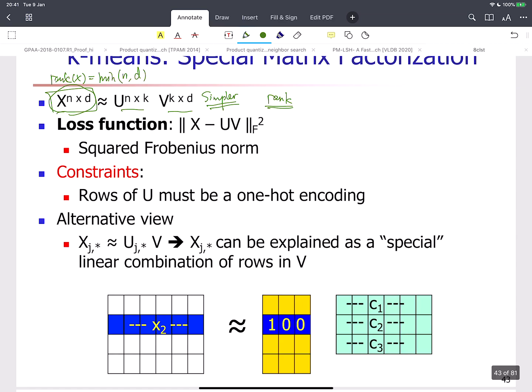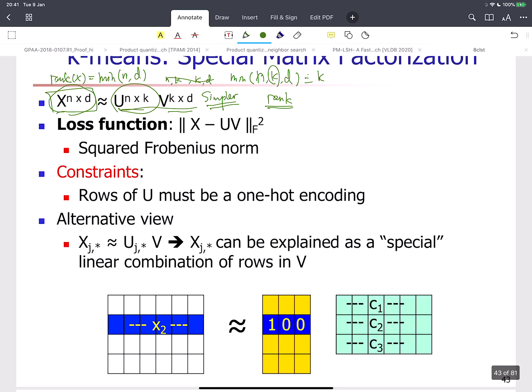For the factors, it will be the minimum of n and k, and also of k and d. So the rank on the right-hand side is the minimum of n, k, and d. And usually k is chosen to be much smaller than n and d, so roughly speaking it is k.